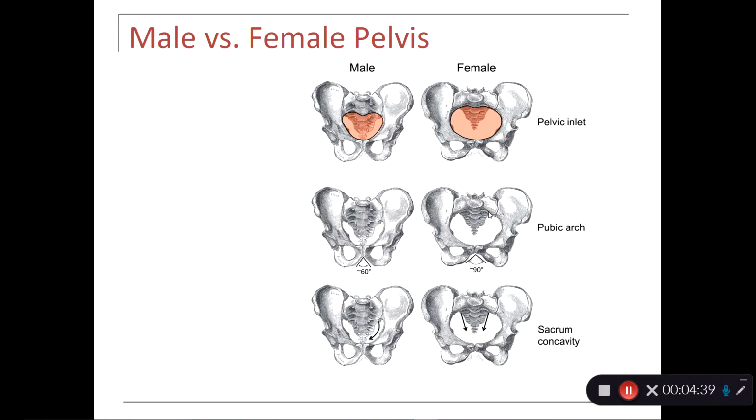Because we've now mentioned male versus female, we should point out the differences between the male and female pelvis. This is how, when somebody is doing a crime scene, they can determine if it's male or female rather quickly. First off, the outlet in males versus females is vastly different in size.